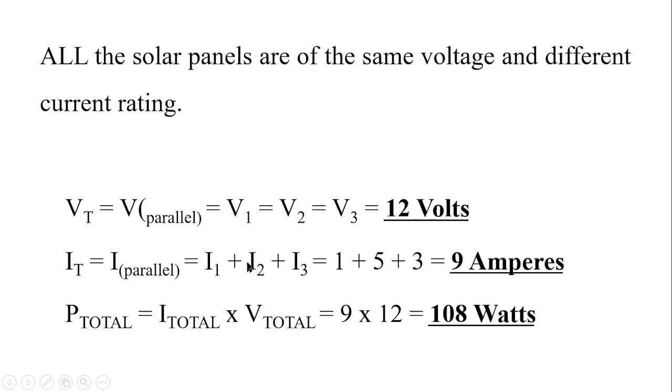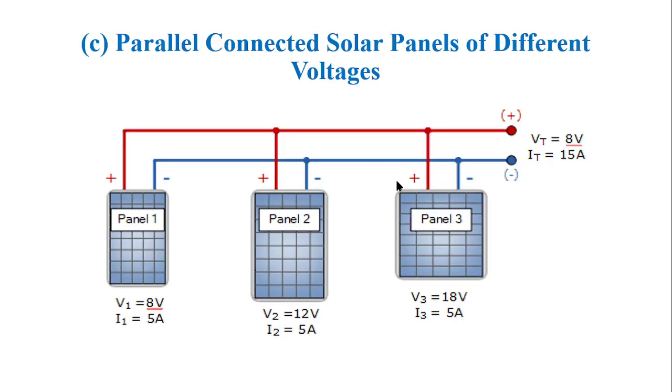Then for the current, we add the individual current of each panel. So we have 1 plus 5 plus 3, that will give us 9 amps. Then our total power again is equal to current times voltage, which equals 9 times 12, that will give us 108 watts.